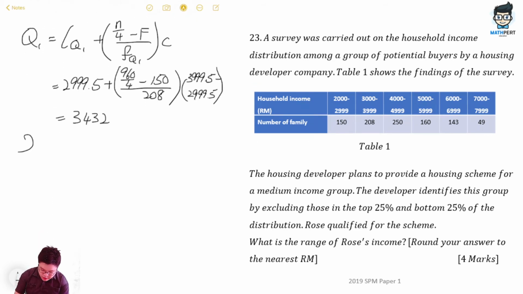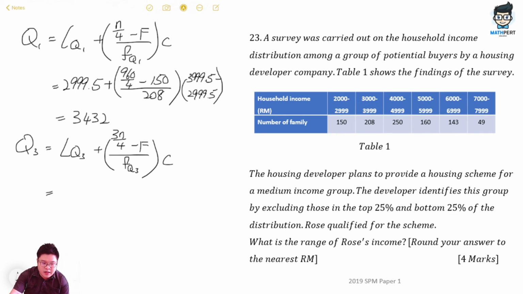So let's take a look at Q3, third quartile. L_Q3 plus (3N over 4 minus F) over F_Q3, multiplied by C. L_Q3 is the lower boundary of the Q3 class. So the Q3 class we found is here. So the lower boundary will be 5000 plus 4999 divided by 2. I will get 4999.5 plus 3N divided by 4.